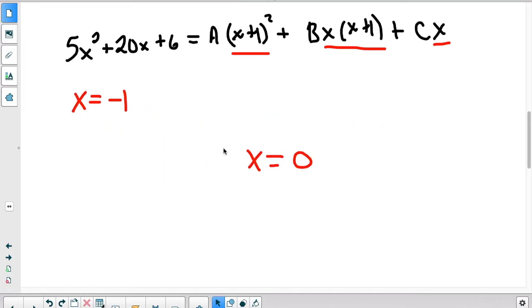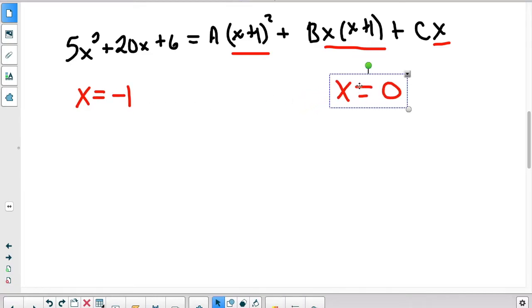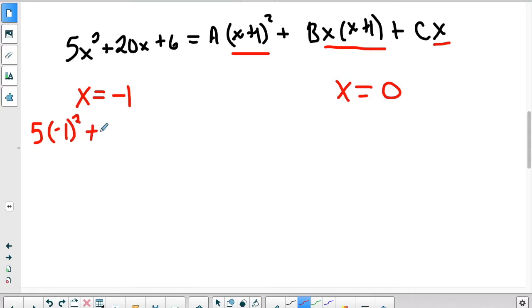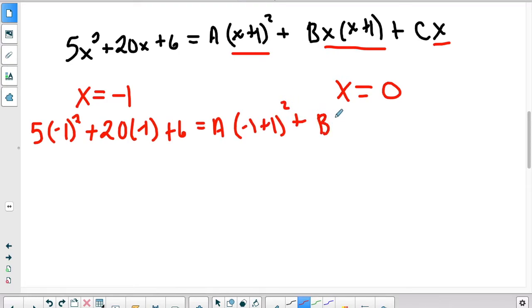Now the first one I'm going to do is actually negative 1, not 0. We're going to go through negative 1 first, and then we'll do 0 later. Now this is going to take up a lot of this screen here, so I'm going to have to probably erase it. So we have 5 times negative 1 squared plus 20 times negative 1 plus 6 equals a times negative 1 plus 1 squared plus b times negative 1 times negative 1 plus 1 plus c times negative 1.